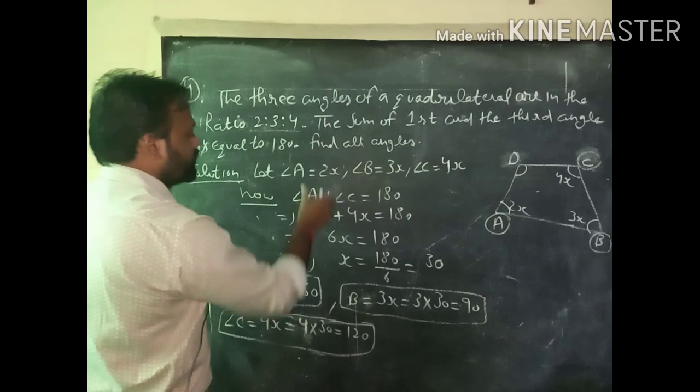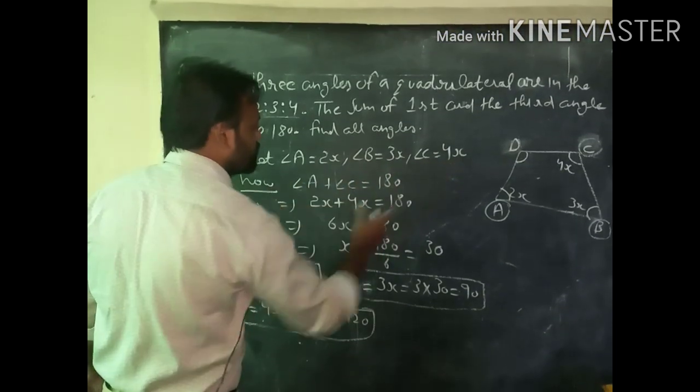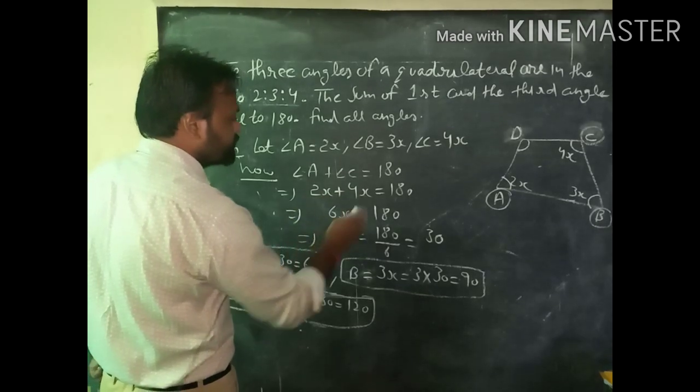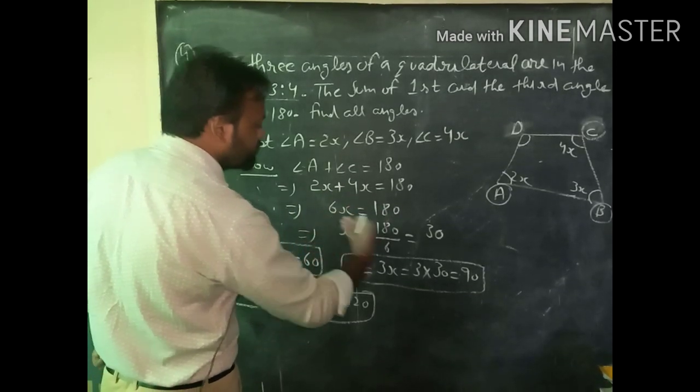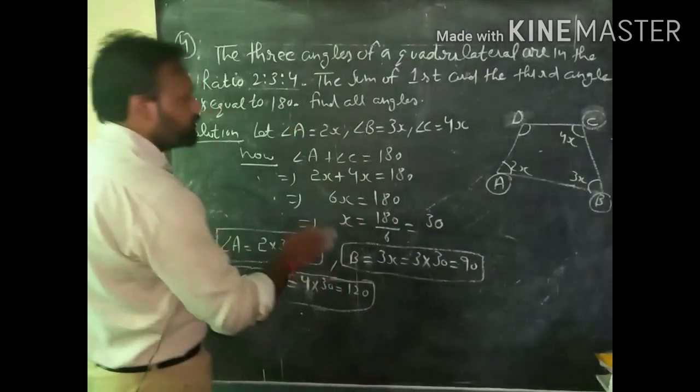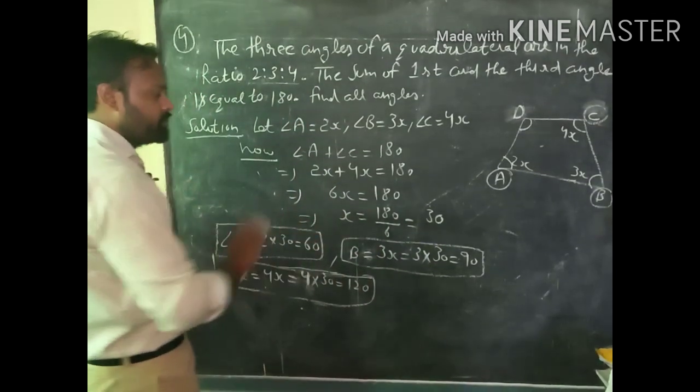Now put the value of angle A as 2x and the value of angle C as 4x, equal to 180. Now 4 plus 2 is 6x equal to 180. Taking the 6 to the denominator, after division it becomes 30. So we found the value of the variable x.